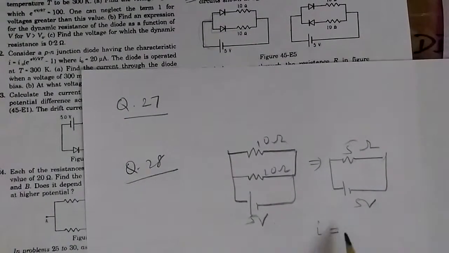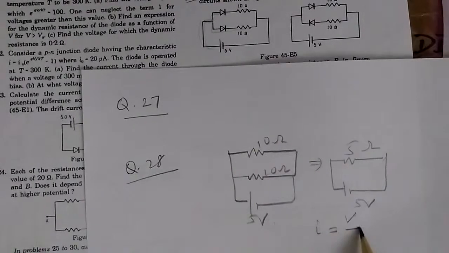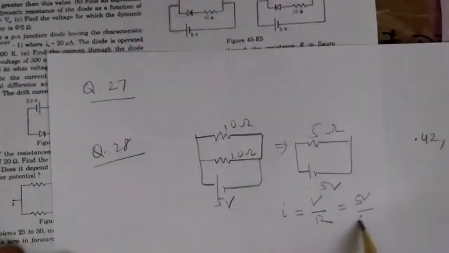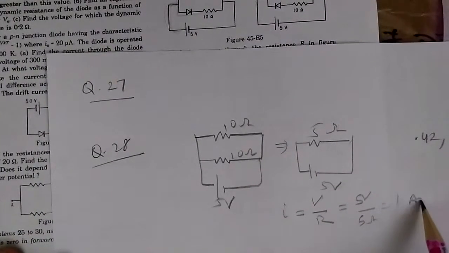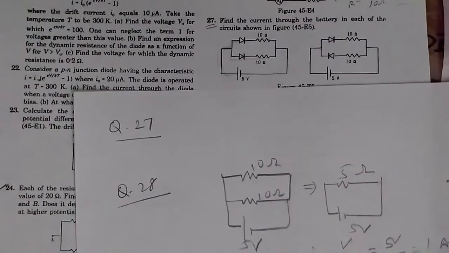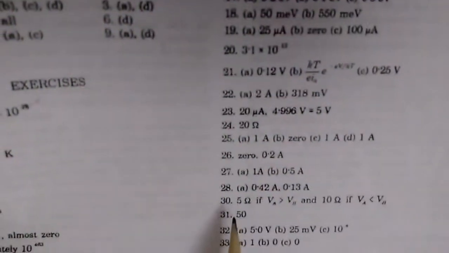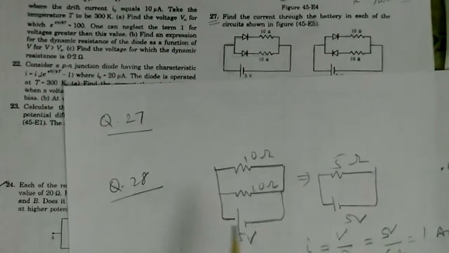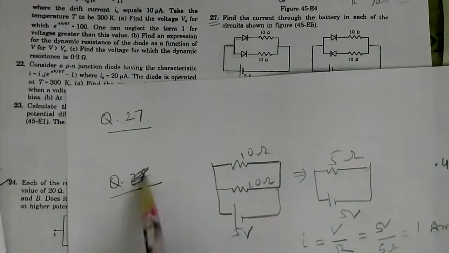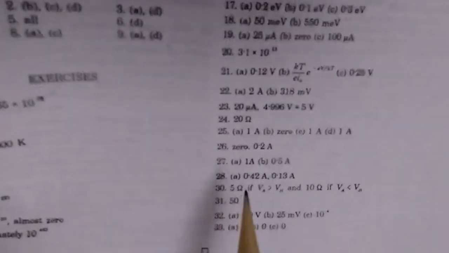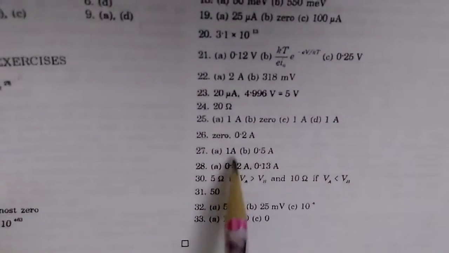In this case, the current I will be equal to V by R, or 5 volt divided by 5 ohm, or 1 amp. It should be a simpler problem. I want to make sure I have the right answer. So problem number 27, and this 27th here, 1 ampere current.